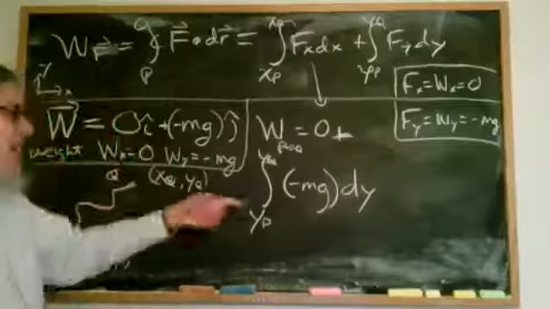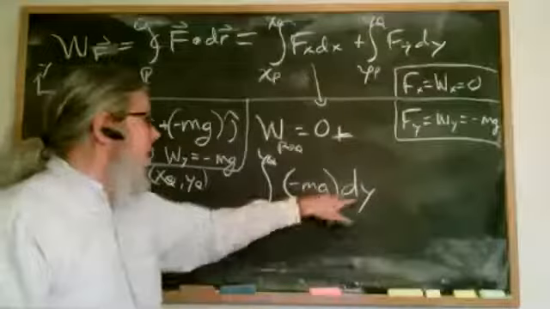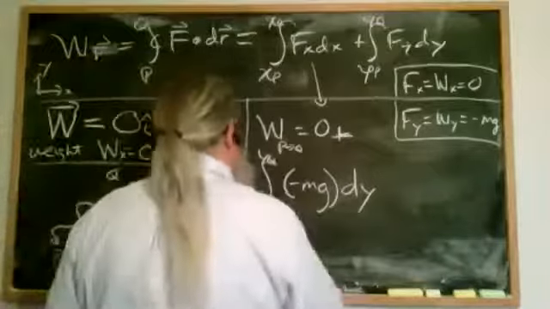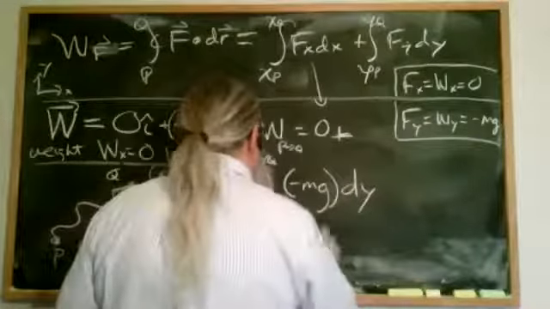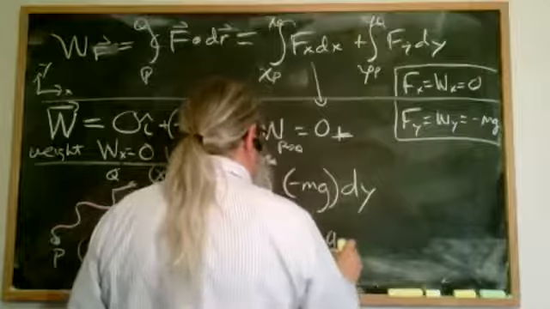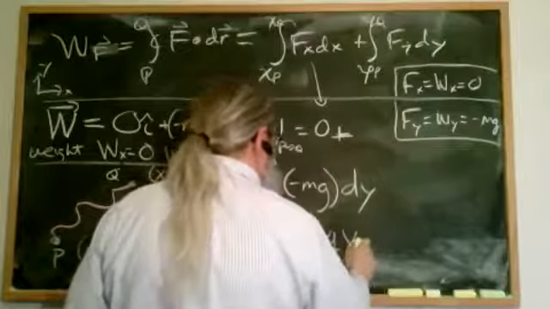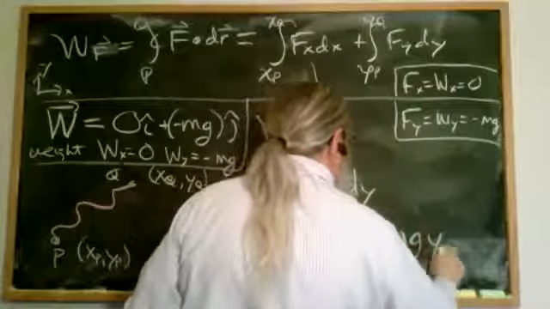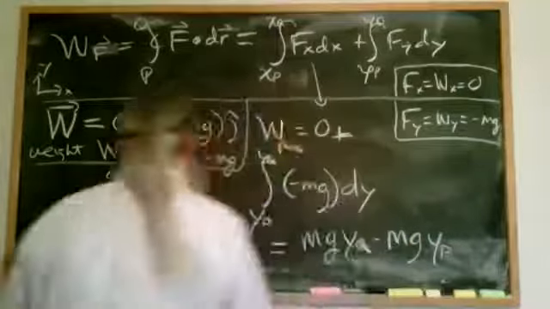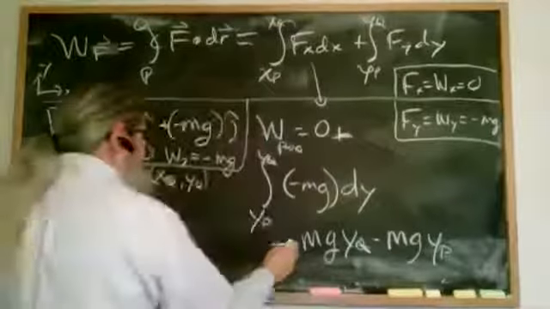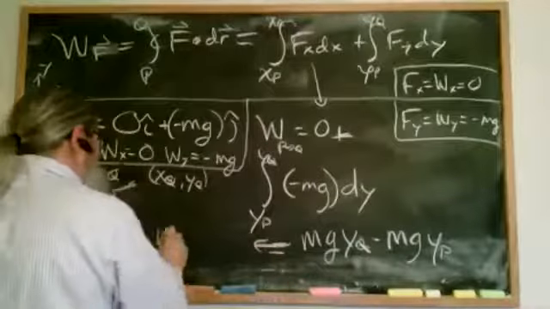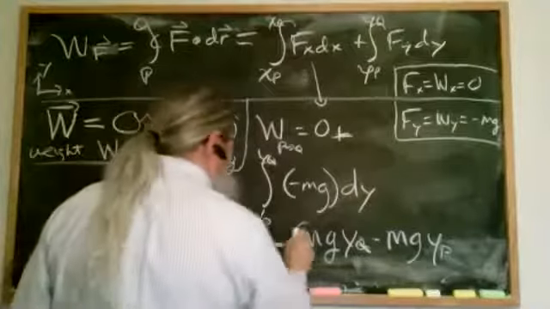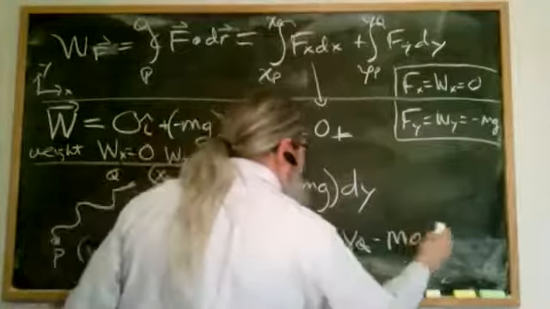It's just mg y, but then I've got the two limits here, so that just becomes mg times y sub q minus m times g times y sub p, right? Which is just the same thing as negative mg of negative all this.